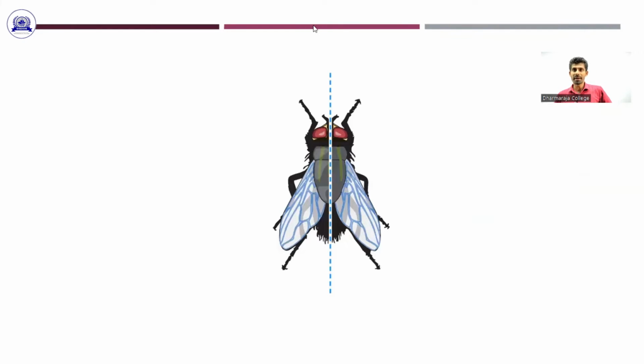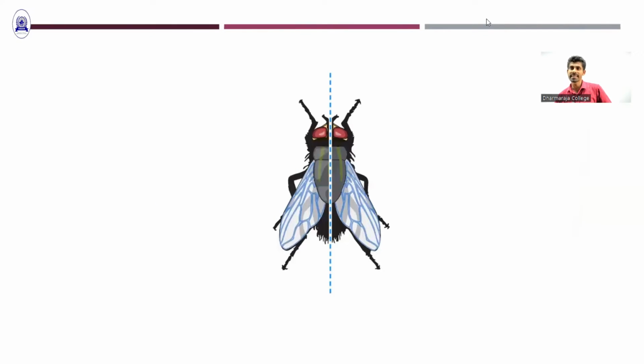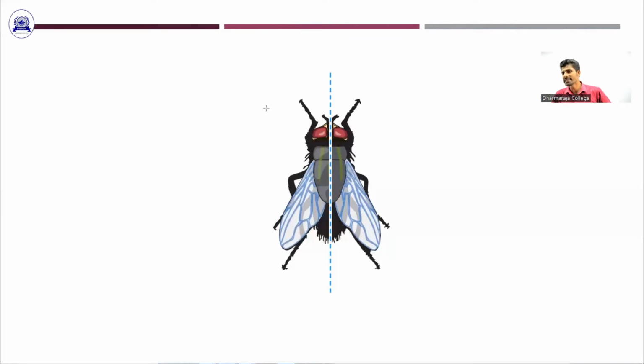Look at this one. Bilaterally symmetric. You can equally divide it into two along this axis. Wait, I will show you that. Along this axis, yes, you can equally divide into two. Bilaterally symmetric.